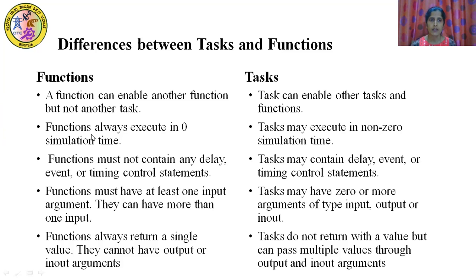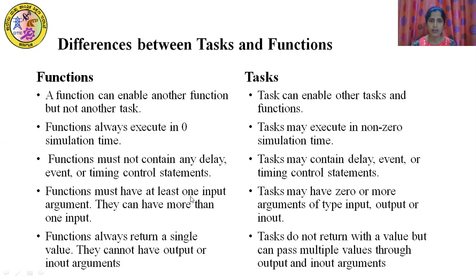Second difference is functions always execute in zero simulation time, whereas tasks may execute in non-zero simulation time. Functions must not contain any delay, event, or timing control statements, whereas tasks may contain delay, event, or timing control statements.